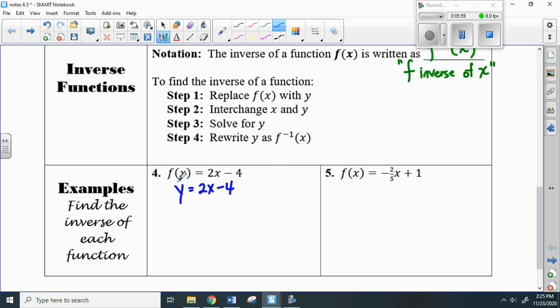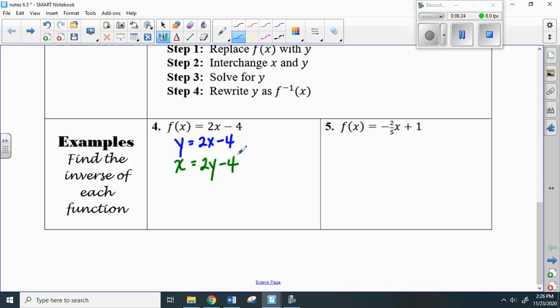So f of x is the same thing as y. The second step is to interchange x and y. Wherever you see a y, put an x. Wherever you see an x, put a y. Then step 3 is to do whatever algebra it takes to solve for y again. Get the new y by itself. All right, so let's see, I'm going to have to add 4.